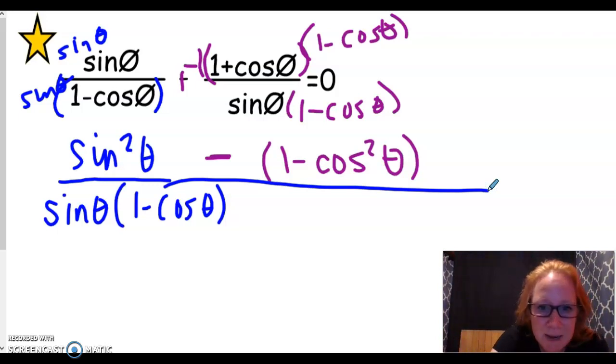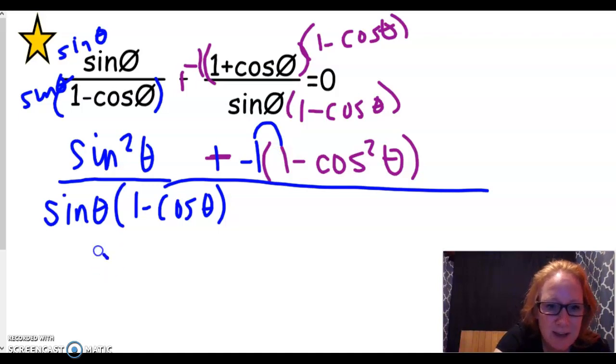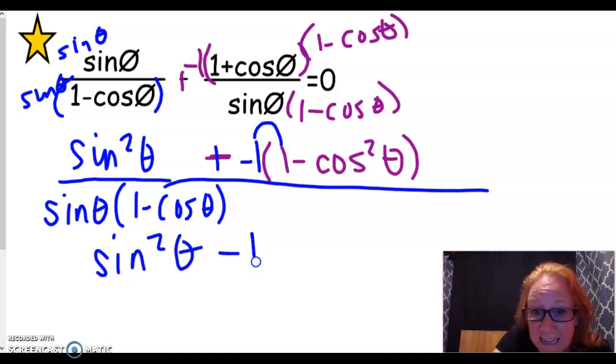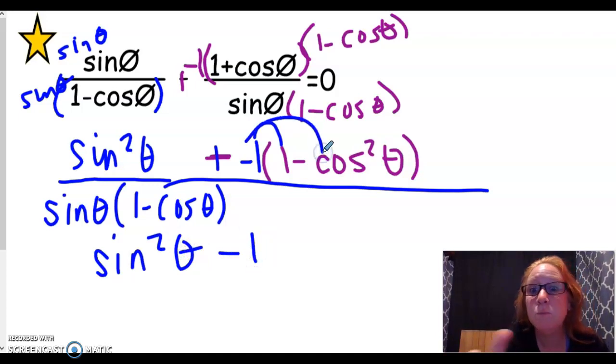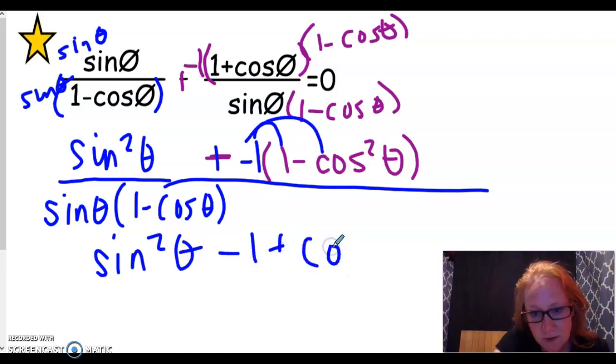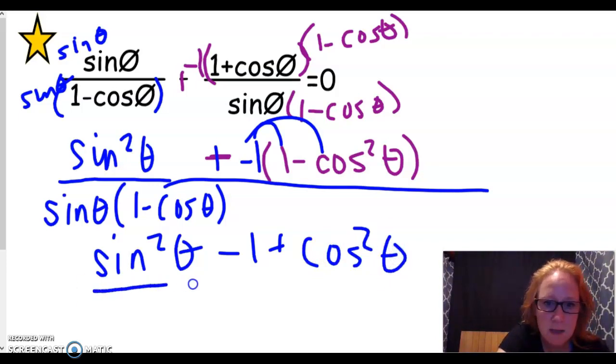See this minus? Over there I had a negative one like that. So I now have sine squared theta minus 1 plus cosine squared theta. Super important.